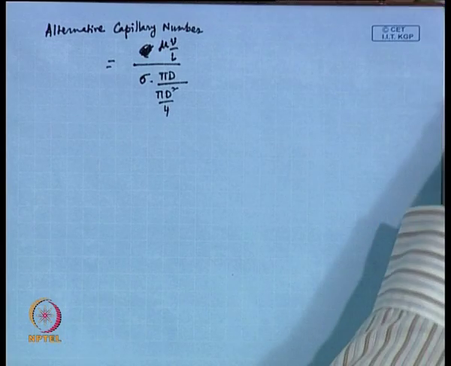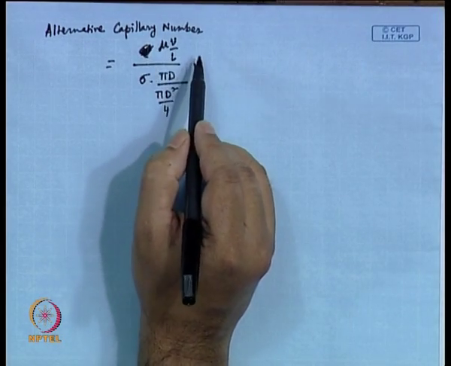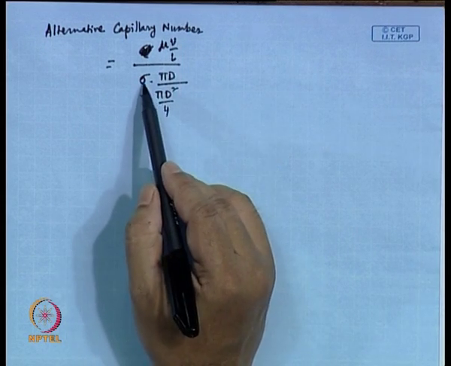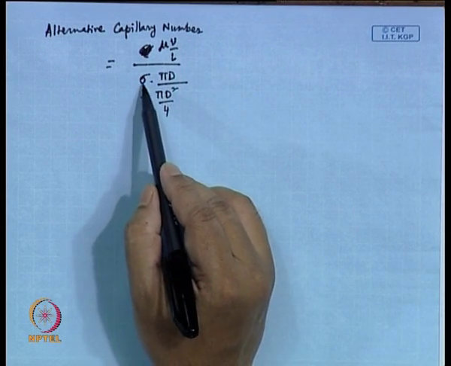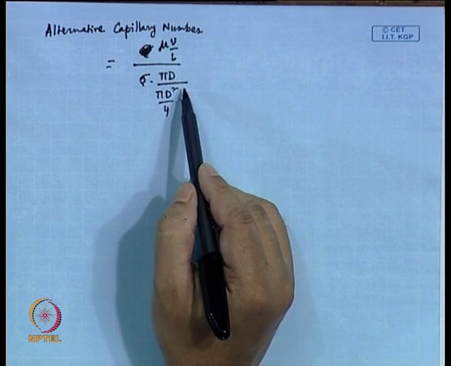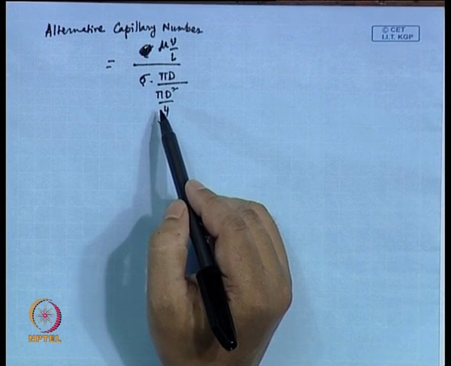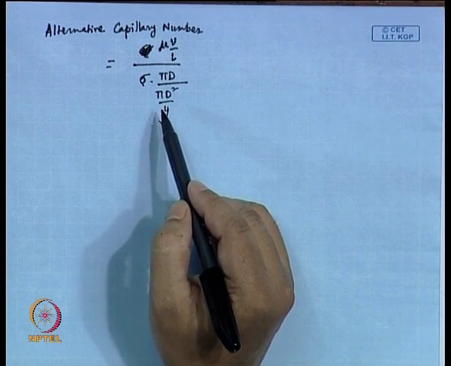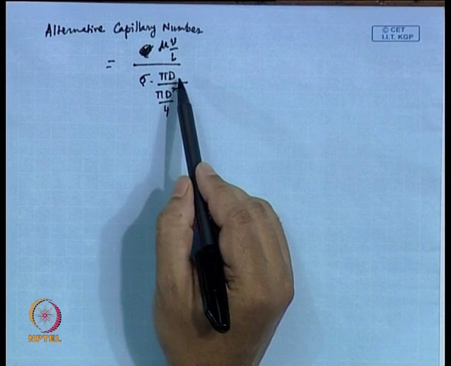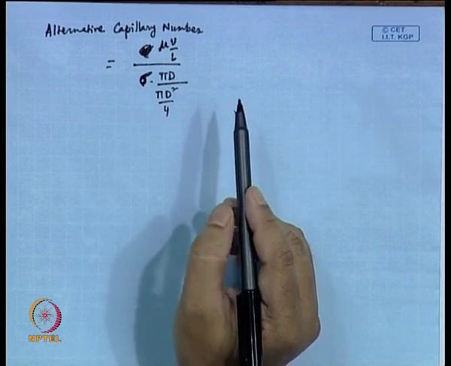So, what you are doing here is you are continuing with mu v by L, but instead of sigma by L, what you are writing is sigma into pi d divided by pi d square by 4. That means this is how we are defining the interfacial stress.